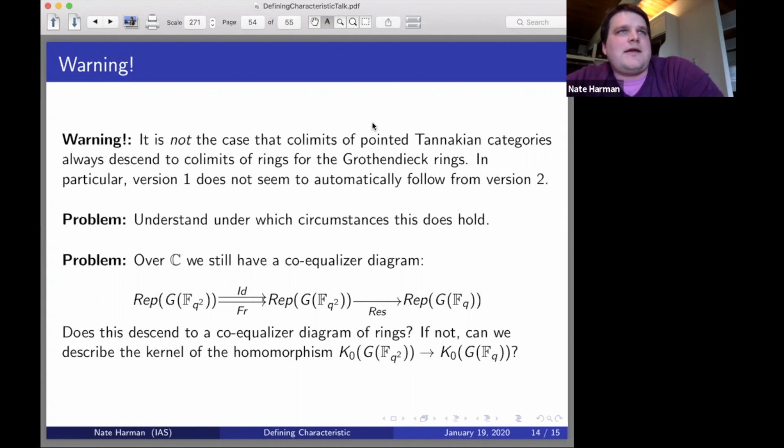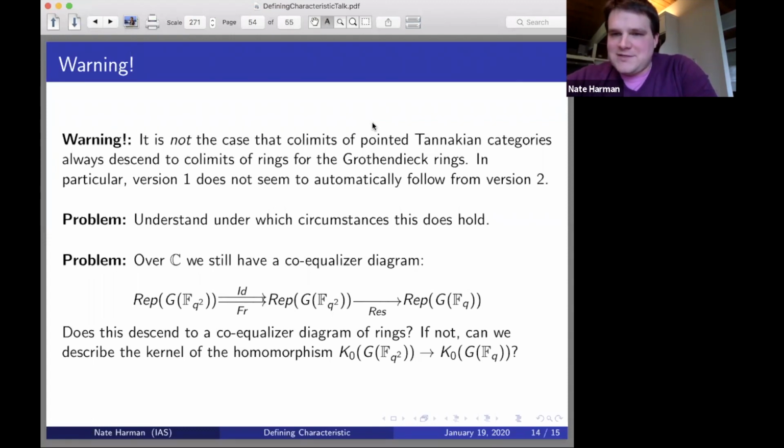I have some ideas for how one could show that co-equalizers always exist without passing through Tannakian formalism and back. But even that description is some sort of messy thing, so it's not clear how to extract useful information out of it yet. This is very much in progress.